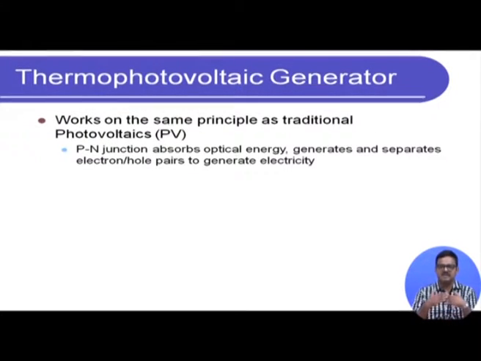I think most of us have seen the solar collectors on our rooftops, which are primarily photovoltaics. A photovoltaic cell essentially is a PN junction. The input to the PN junction is optical energy. So, as it receives optical energy, it can generate and separate electron hole pairs, and this is how it generates electricity. Okay.